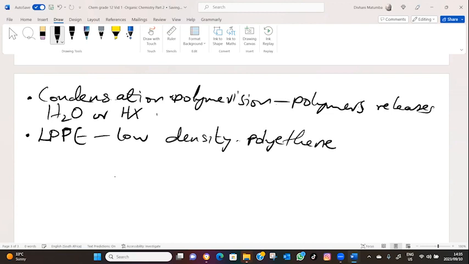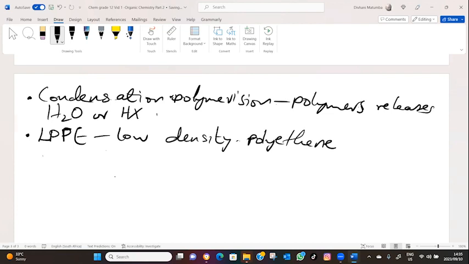So the naming of a polymer is derived from the monomer that was used. So if you used ethene, then you're gonna have polyethylene.